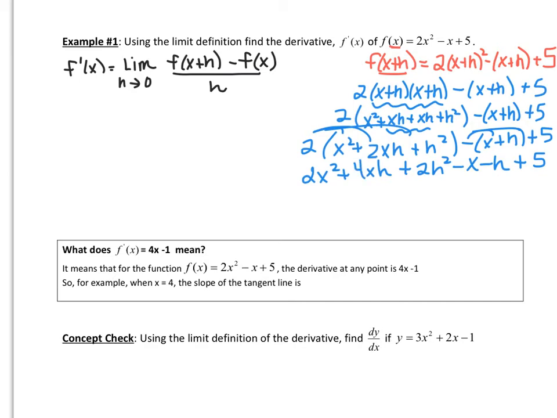Okay, so now that I have all of this, that is my f of x plus h, I'm going to subtract f of x. And now this is my f of x function.